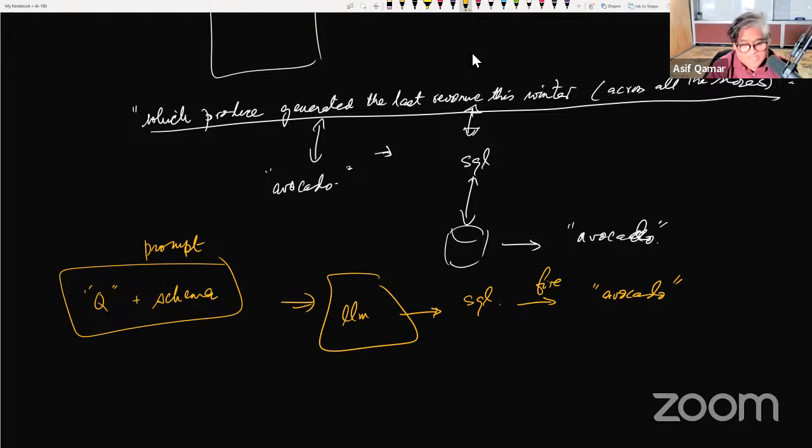So when you take a prompt and you generate, this process is the generation. This is the generative process, right? What have you taken the prompt and done to the prompt? You have augmented the prompt with schema. So this is a good example of what would come within the class of, let's say, RAG, isn't it?